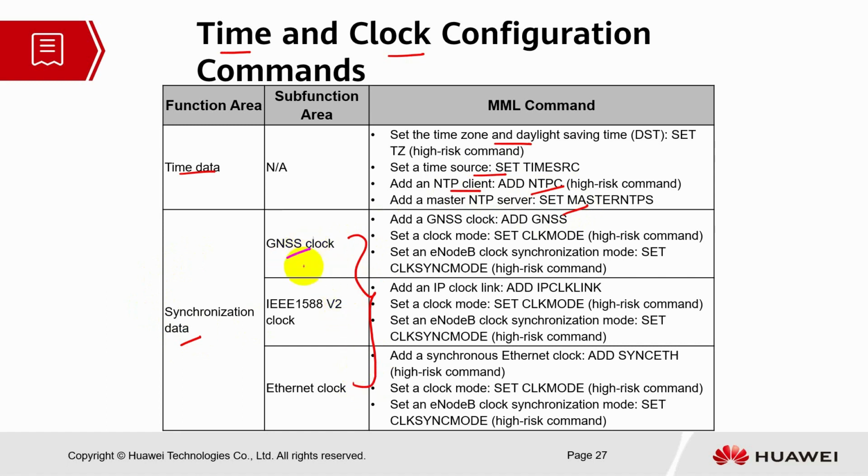If you're using a GNSS clock system, then you have to configure the GNSS clock. If you're using IEEE or IP clock server, you have to configure based on the IP clock server command. If you're using Ethernet clock, you have to follow the Ethernet clock system. It depends on what kind of external clock system you are using. You just have to configure that. You don't have to configure everything from here. It depends on what external clock source you are using.